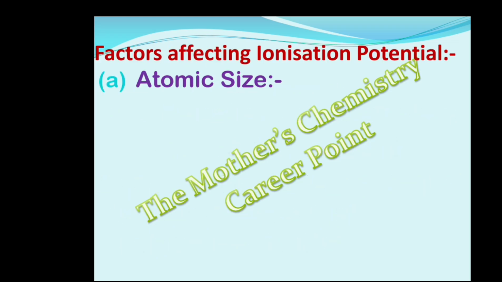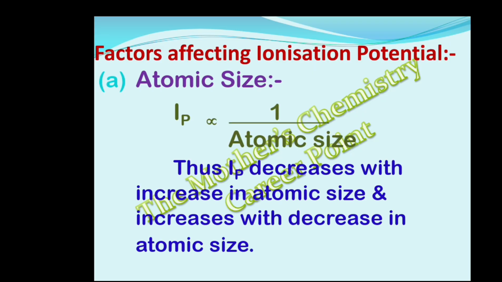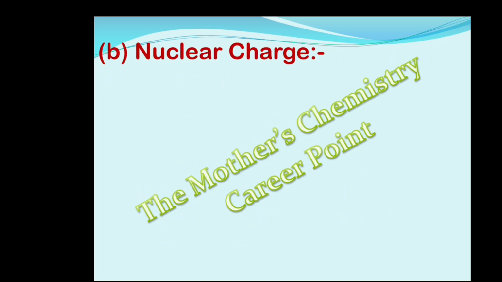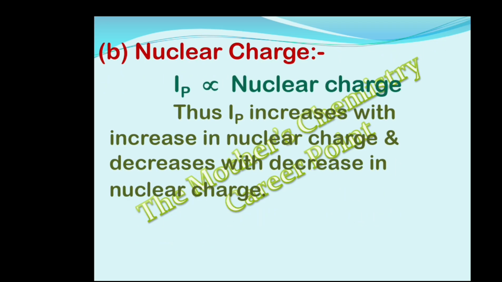Factors affecting the ionization potential: atomic size. Ionization potential is inversely proportional to atomic size. Thus, ionization potential decreases with increase in atomic size and increases with a decrease in atomic size. Nuclear charge. Ionization potential directly depends upon the nuclear charge.